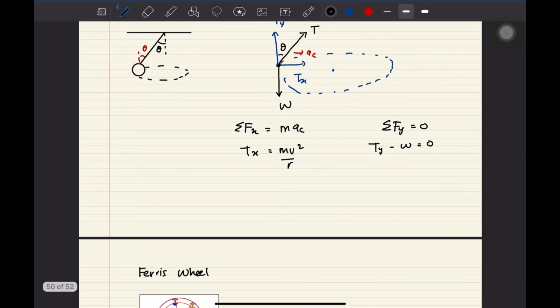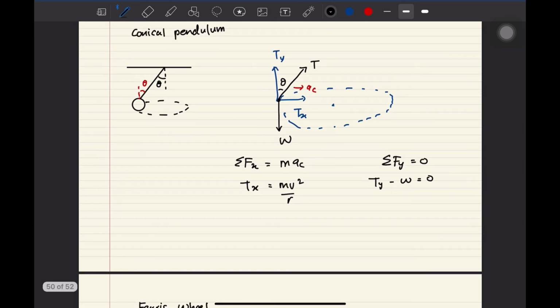So Tx is T sine theta, which equals mv squared over r, and Ty is T cos theta, which equals mg.